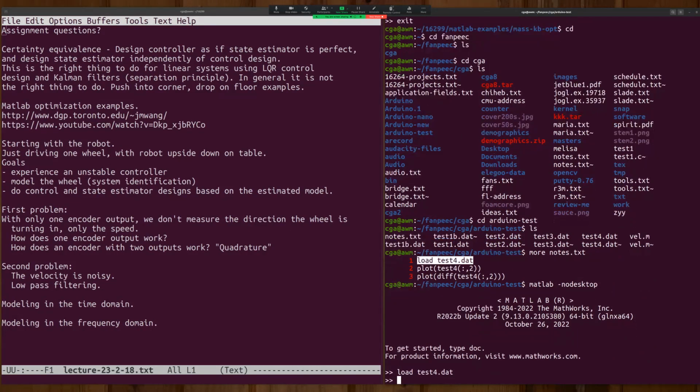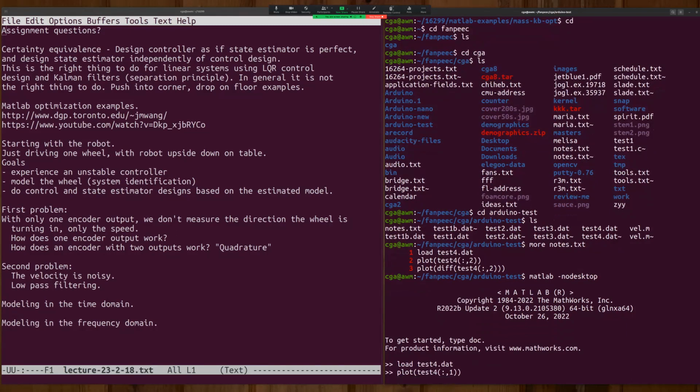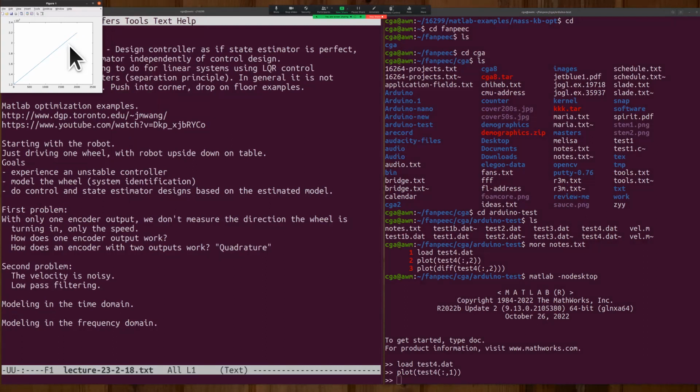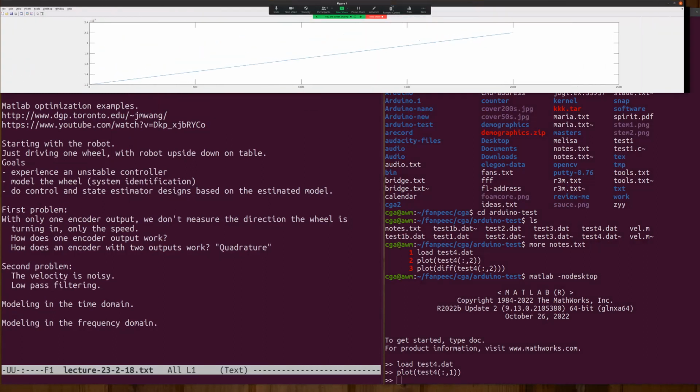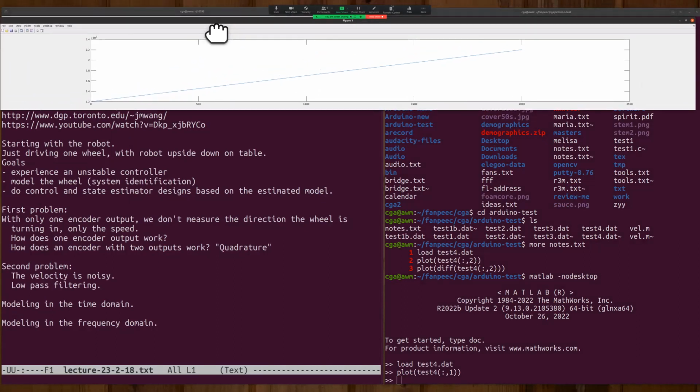I've loaded some data, and I'm going to show you what that data looks like. Once I find my graphics window, there it is. So the first thing I collected in the data was essentially a clock signal.